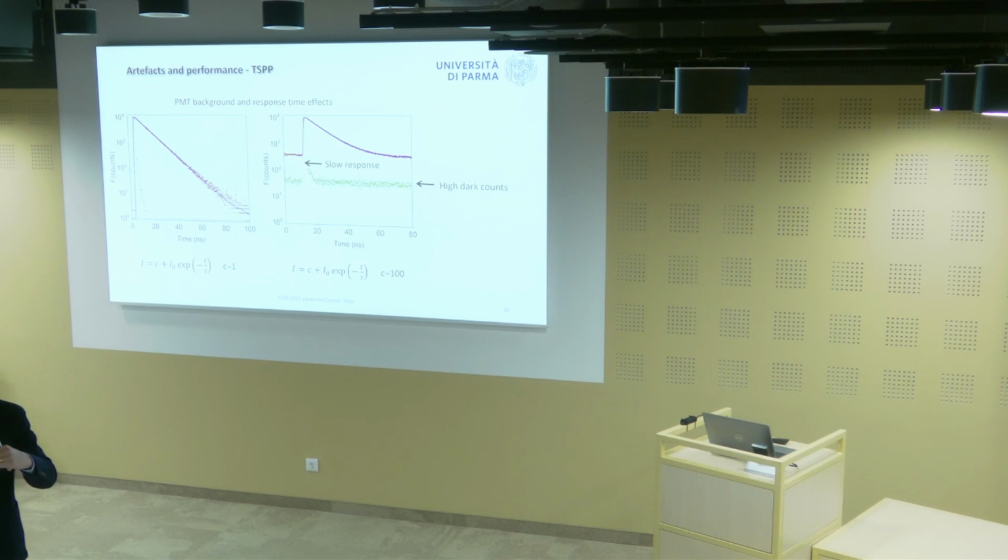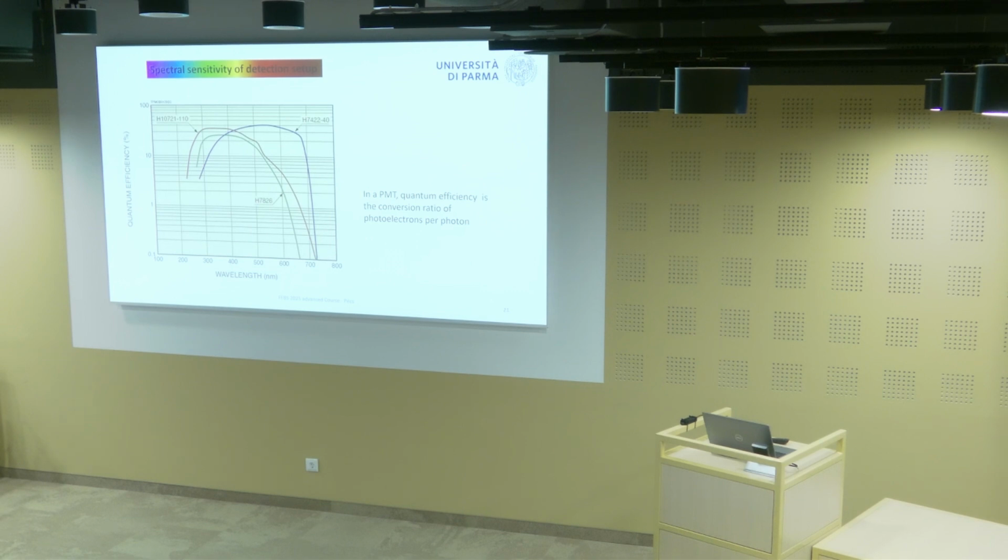That means the background keeps going up and up and becomes even 300 or 400. Again, it's more cosmetics than real issues. But keep in mind that when you see something like this, it's not a straight line. It may not be a multiple exponential. It may be simply a background effect.